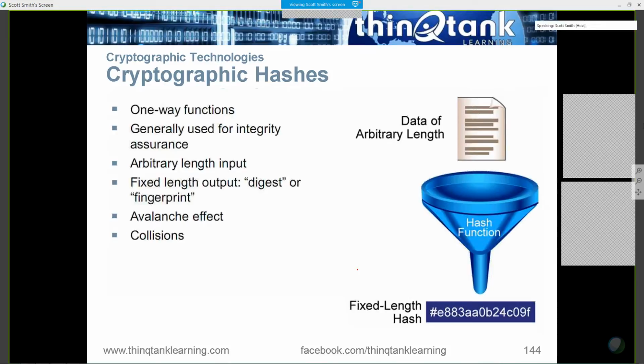All right? The other concept is this concept called the avalanche effect, where a small change in the arbitrary data in the beginning results in a massive change in the hash output on the end. That's one of the characteristics of a hash. A collision is described as the possibility that two different arbitrary lengths of data result in the same hash.